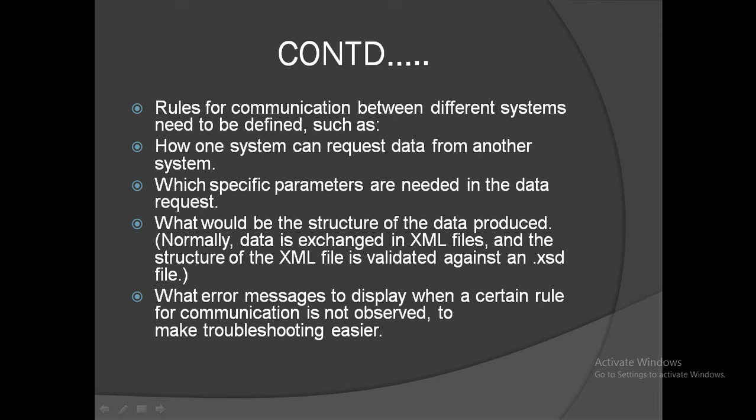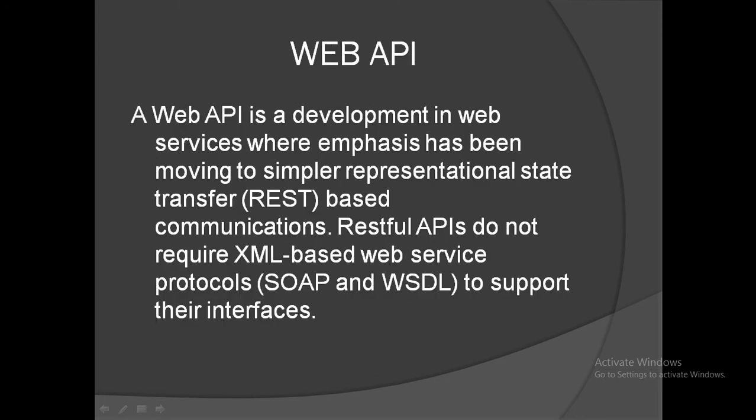Also, what error messages to display when a certain rule for communication is not observed, to make troubleshooting easier. So Web API, I actually talked about the API before. Web API is a development in web services where emphasis has been moving to simpler representational state transfer, REST, the first topic that I talked about at the beginning, based communication.